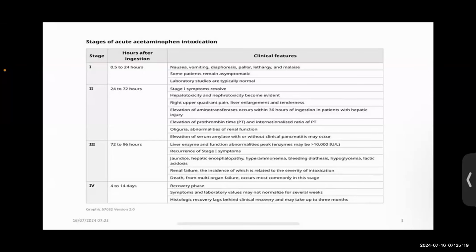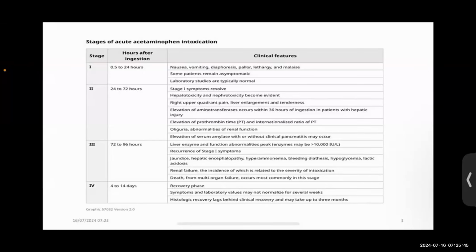The patient will complain of right upper quadrant pain. There might be liver enlargement and tenderness when we examine. If we measure the transaminases, we find out that they're on the increase. This is mostly noted around 36 hours after ingestion for those with hepatic injury. Then in the clotting profile, we'll see elevated prothrombin time and INR at this time.